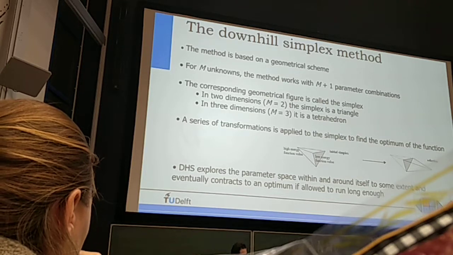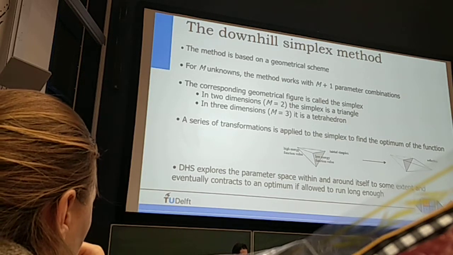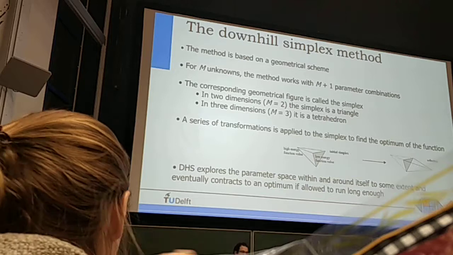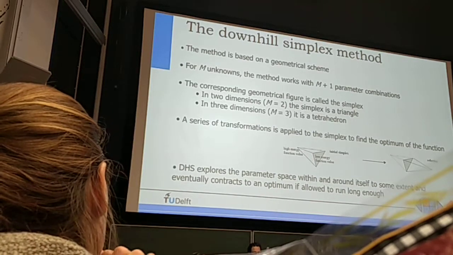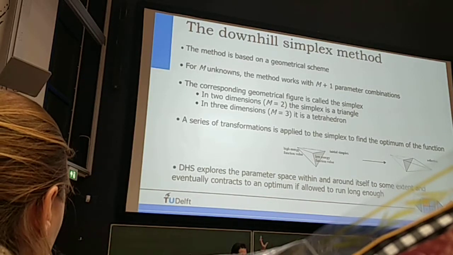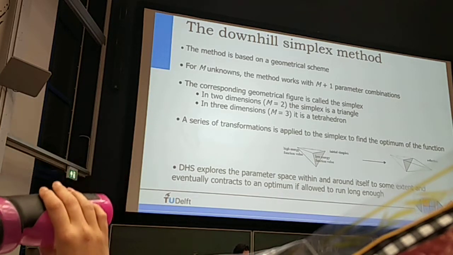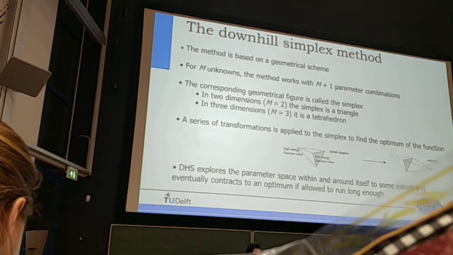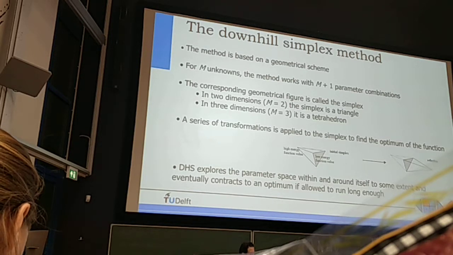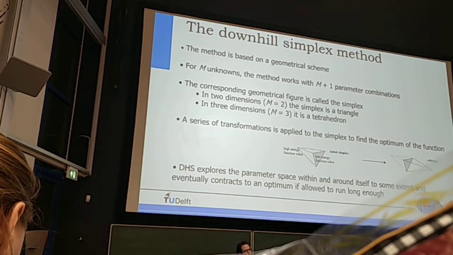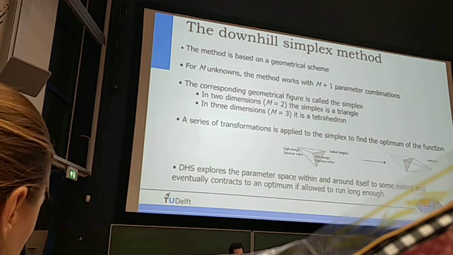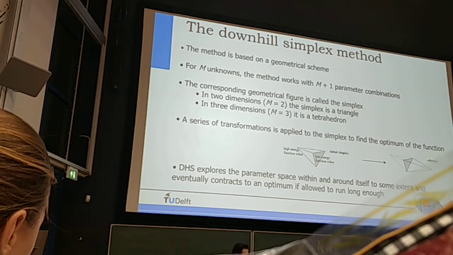It applies a series of transformations to the simplex. It has nothing to do with the simplex method from previous chapters, by the way. I'm not exactly sure why it's called simplex, but it uses a simplex as a shape and a series of transformations to get towards an optimum solution.